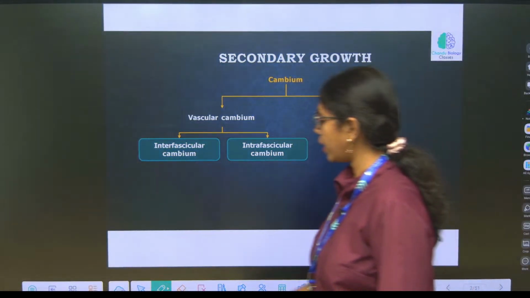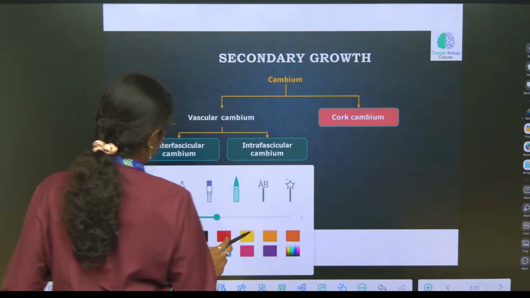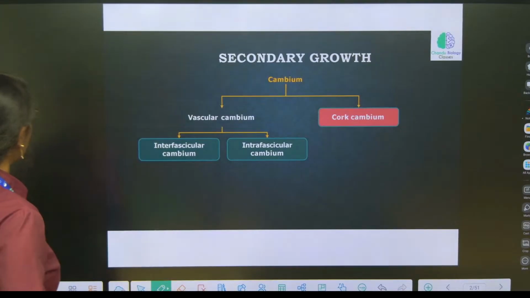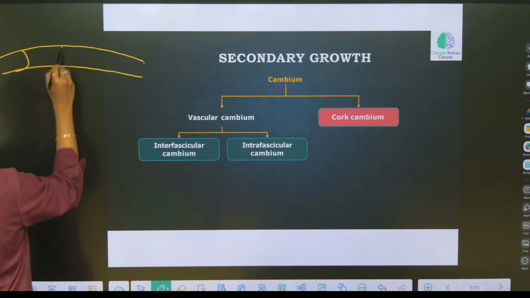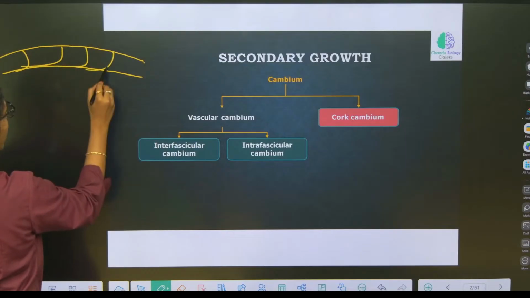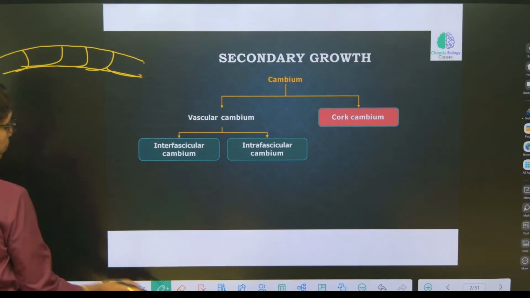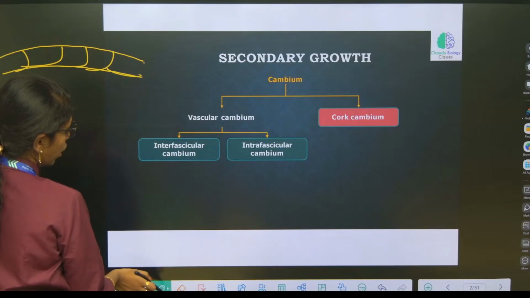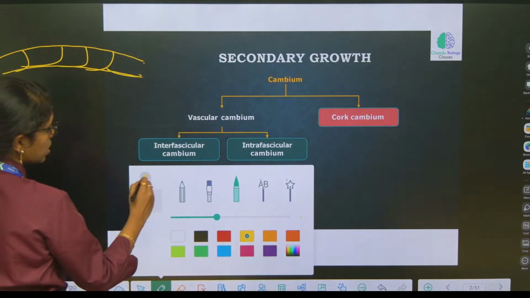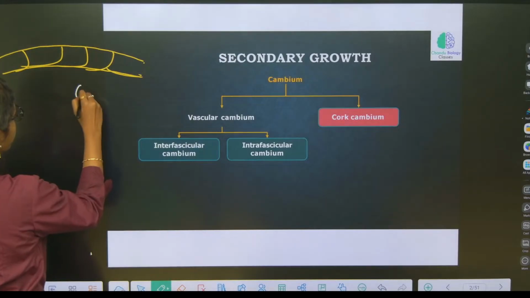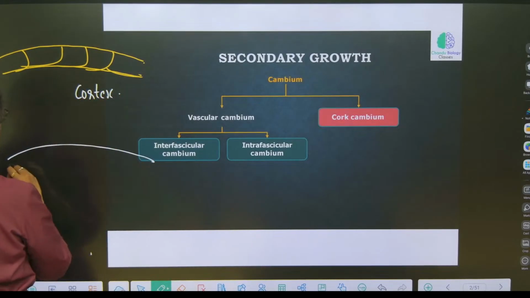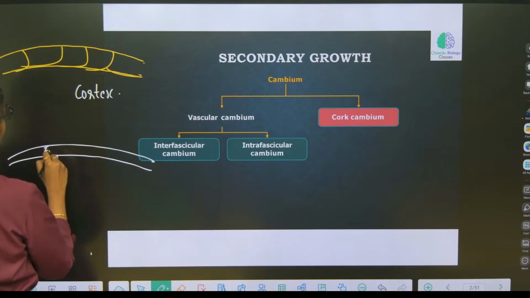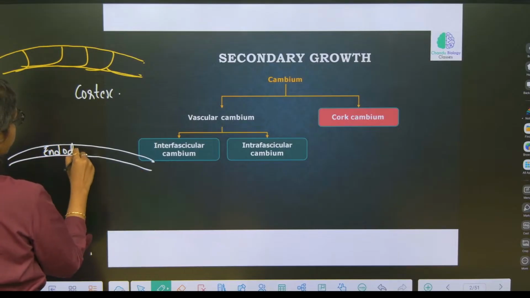In secondary growth, here you see the basic anatomy. First is the epidermal outer layer. Below this epidermis, it is filled with cortex. And the last layer of cortex is endodermis.